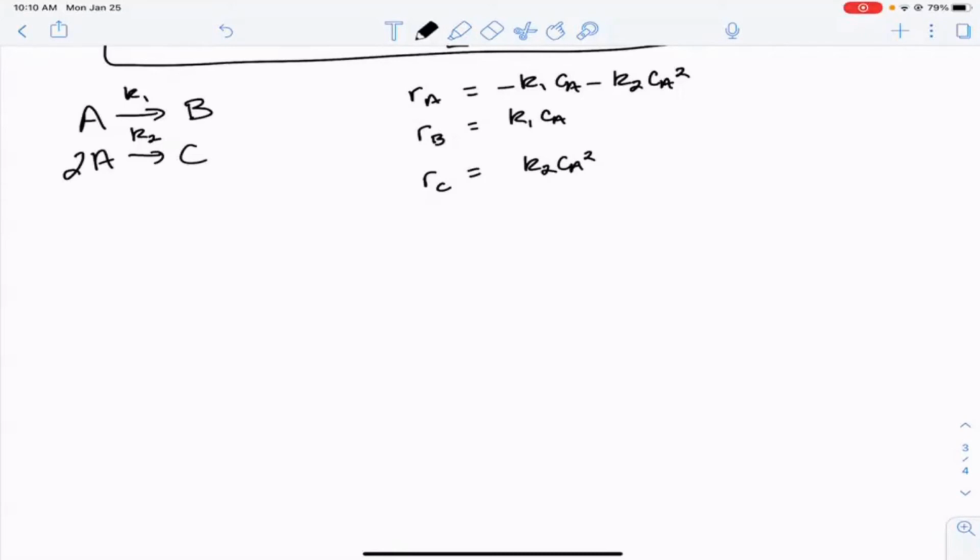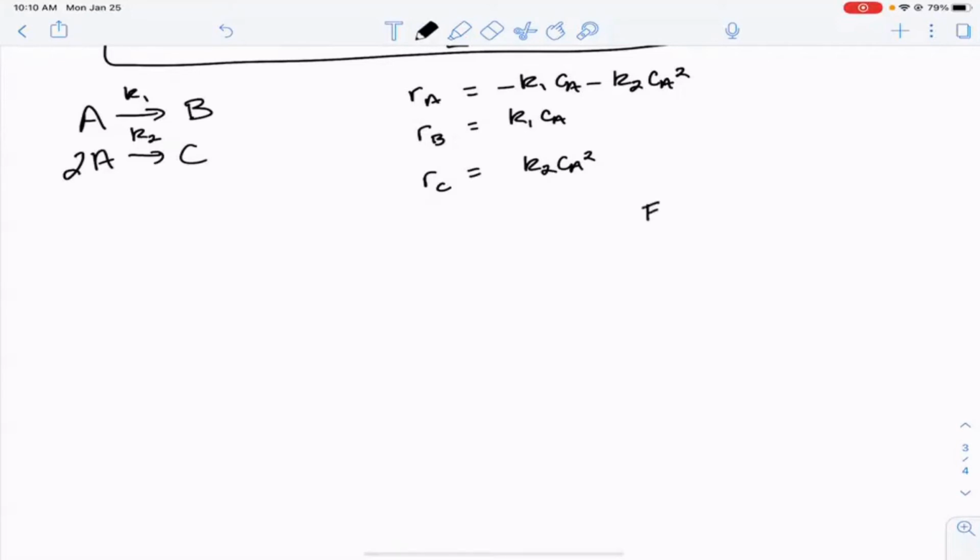So for every molecule of A that's reacted, how much C do you get? 1 mole. Or every 2 moles of A is 1 mole of C. So, do you need to do the RA over the stoichiometric coefficient comparison? That's one good way to do this, right?